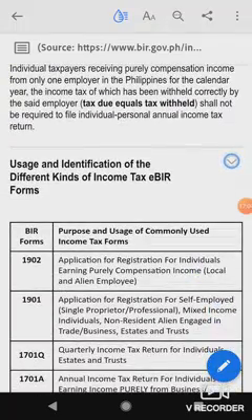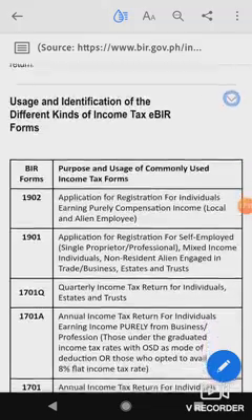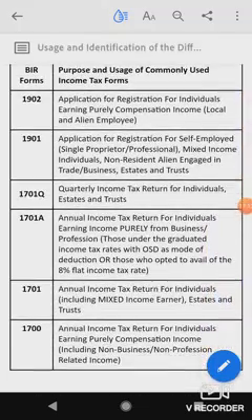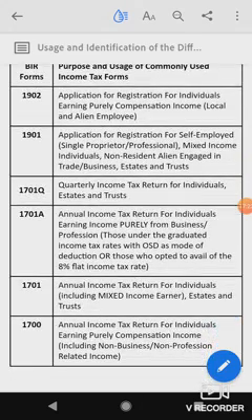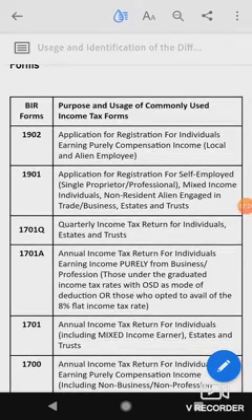So, the usage and identification of the different kinds of income tax eBIR forms. We have the six most commonly used eBIR, or electronic BIR, forms, and the purpose and usage of these commonly used forms. We have 1902.